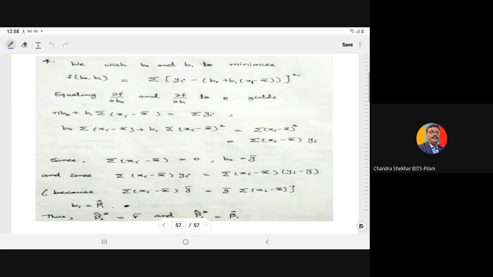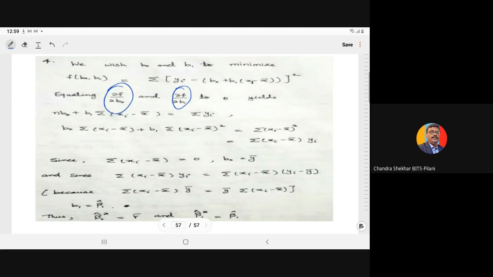In the same pattern, here we write xi minus x bar instead of x. The first gives n b naught plus b1 summation of (xi minus x bar) is equal to summation of yi, so b naught is summation of yi upon n, that is y bar, the average value of y.